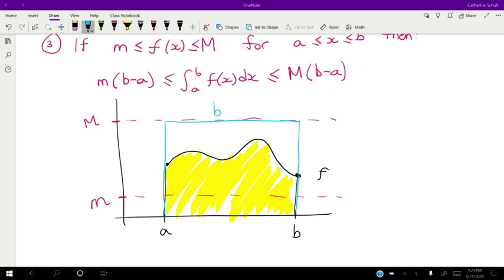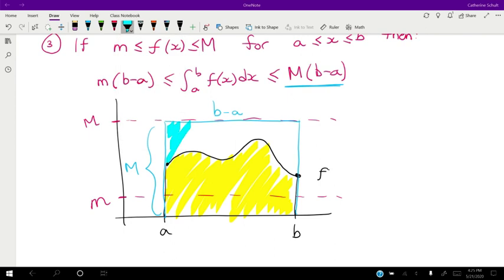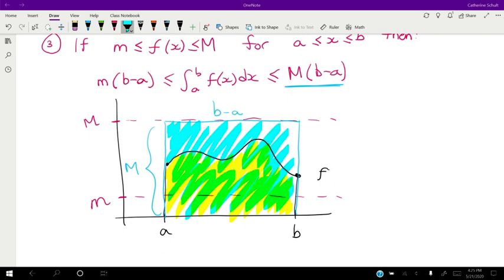The base is b minus a, and the height is M. So that's where this b minus a comes from. That yellow part, I'll highlight. I'm going to get a lot of highlighters, so hopefully it doesn't get too crazy. So that's definitely bigger than the function down below. So that's why it's the upper bound.